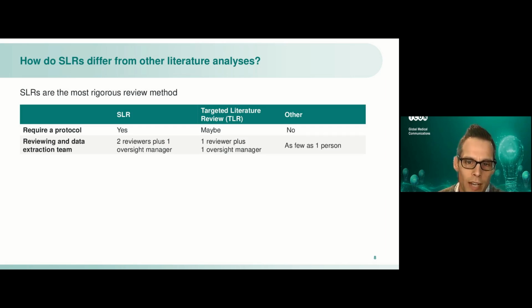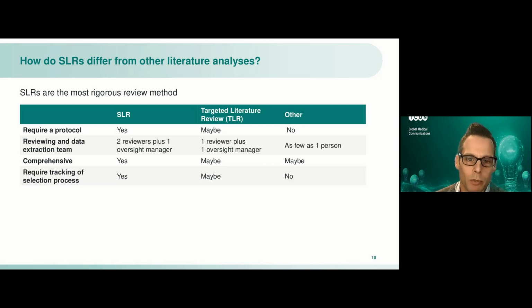So usually you have at least 2 reviewers or analysts doing the screening and extractions, in addition to a third member who's a manager and provides some oversight. Targeted literature reviews, probably a smaller team, and then other literature reviews, maybe just one person doing it themselves. They're also comprehensive. TLRs and others might be, but may not be.